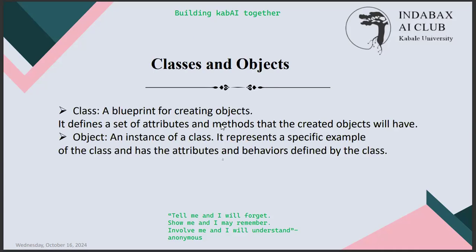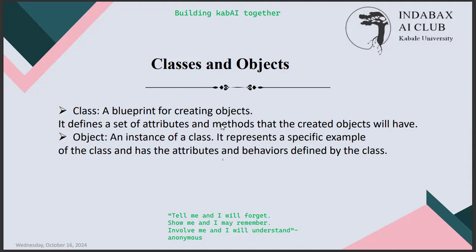Okay, so what do we mean when we talk about classes and objects? You see, there are programming languages which are called object-oriented languages. So in such kind of languages, you have a chance to build your systems by arranging the programs in form of classes and objects. So this gives you a chance to have a clear organization of your code, and it makes the whole process of software development efficient.